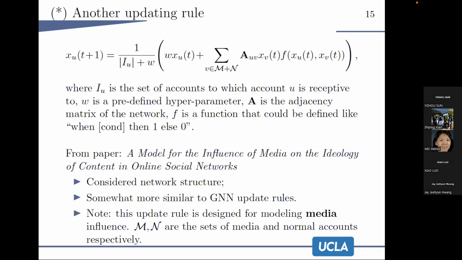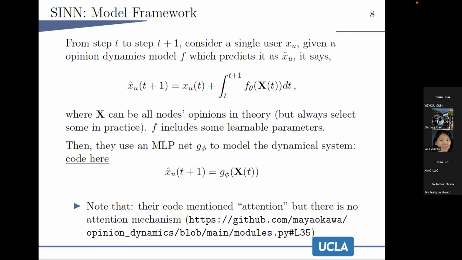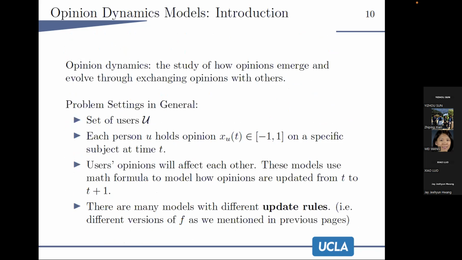In fact, previously I have tried to apply this SINN model on the data that I collected from Twitter, and I think the results were generally bad. And if you look at their paper to see their results on the real world data set, the results are not that high either.